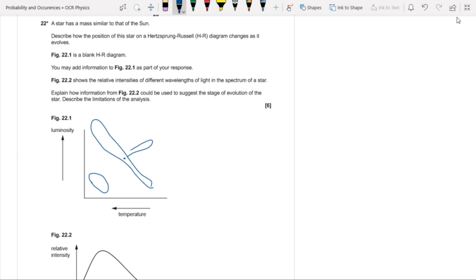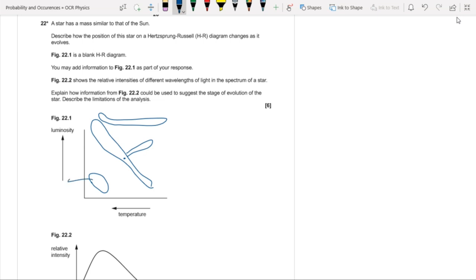Then here were the supergiants, sorry, the red giants, and the supergiants happen to be here. So this is just an indication of what the HR diagram suggests regarding the temperature and luminosity of different stars.